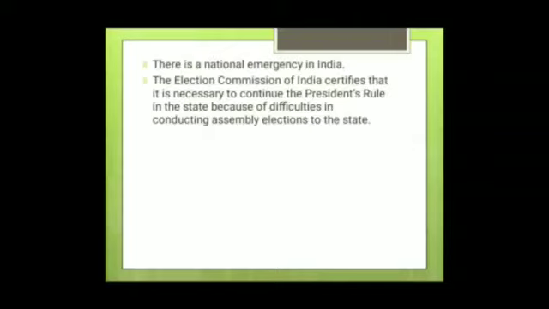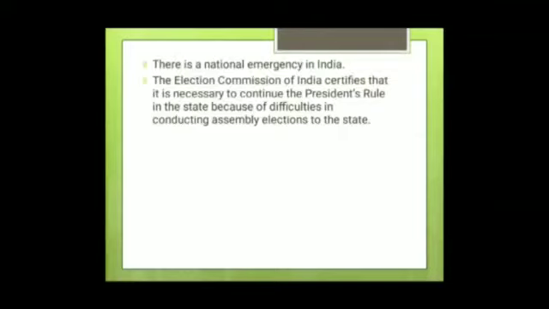Now, when is this President's rule imposed? In some circumstances it is imposed, like when the state legislature is not able to elect a leader as chief minister within the time prescribed by the state governor. In that case, President's rule is imposed.